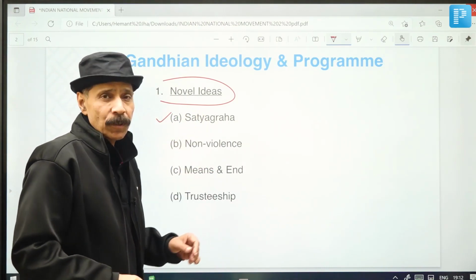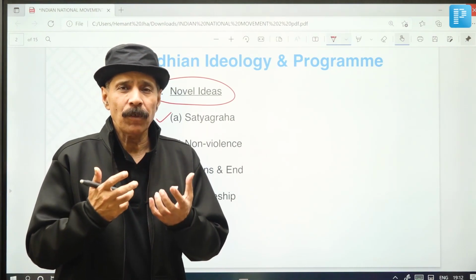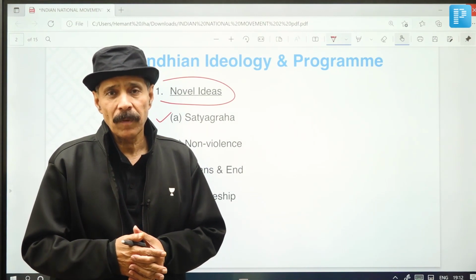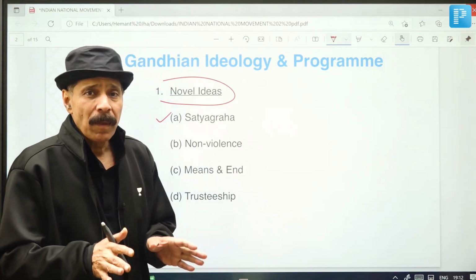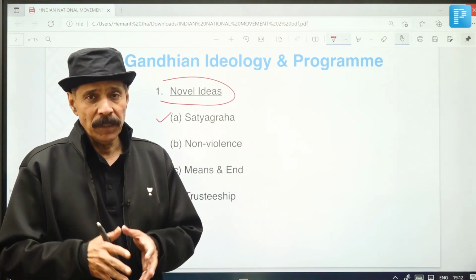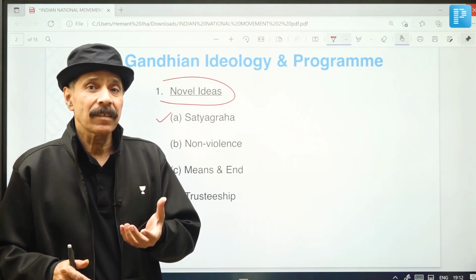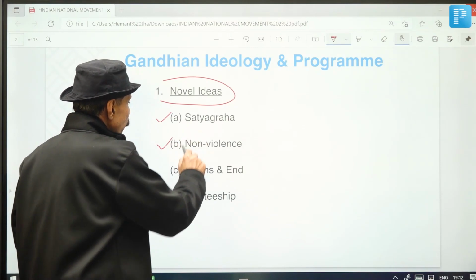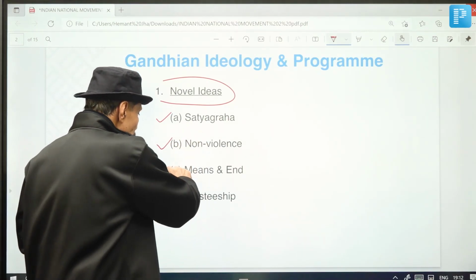Satyagraha refers to a struggle for truth, opposition to wrong, through non-violent means. So non-violence is another important idea, that is point B. Third is means and end.